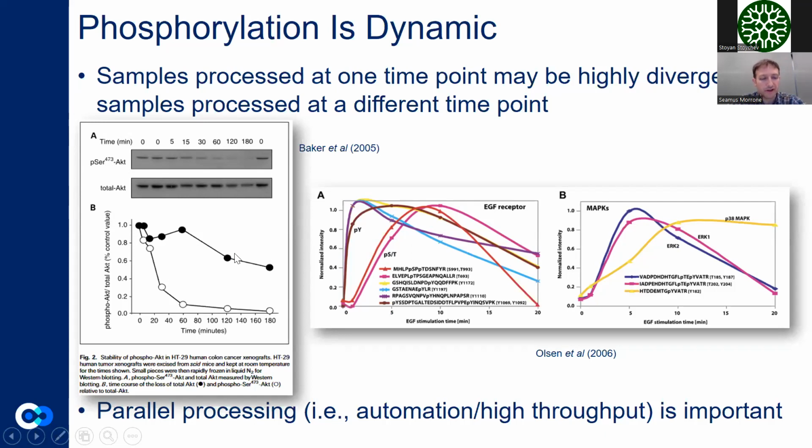They showed that total AKT had a steady, pretty linear decrease over time, whereas the phosphoform showed a drastic exponential decrease, so that even after 30 minutes, the majority of this phosphoform was already gone from analysis.